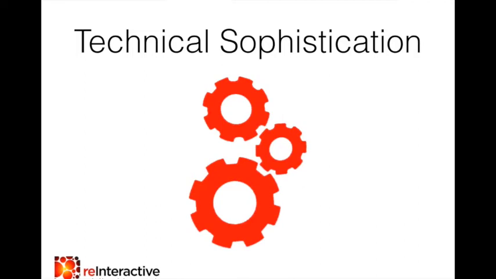Because really, what you're trying to build is something for the users to solve some sort of pain point. And if you can put more money into that, then you're going to solve more pain points, and your users are going to be happier. So this technical sophistication can cover a lot of areas, and the more you can cut back, the better.